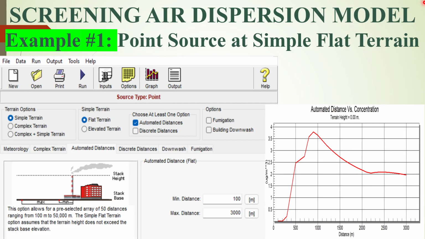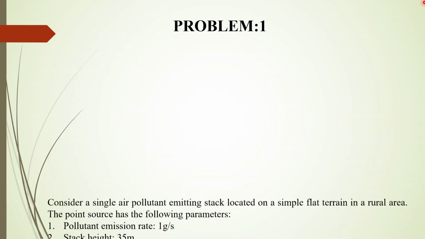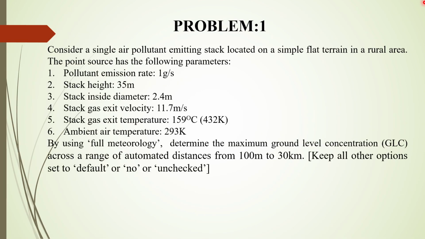Based on my last video on the basics of SCREEN View for the SCREEN3 air dispersion model, we're going to solve a problem in this video. Consider a single air pollutant emitting stack located on simple flat terrain in a rural area. The point source has the following parameters.